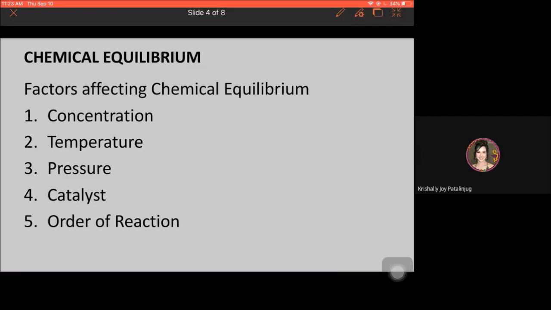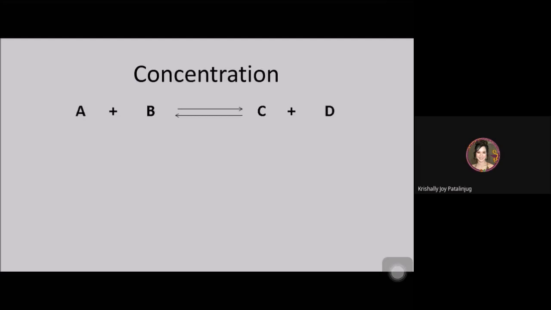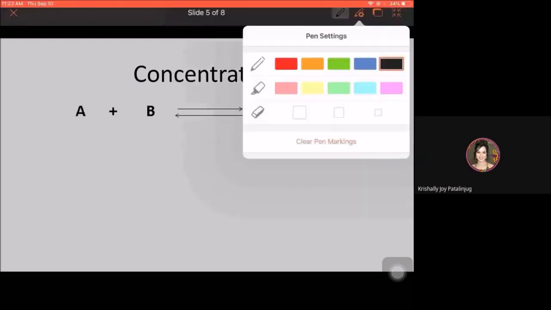So, let's have the first one, concentration. Okay, how can concentration affect the chemical equilibrium? And how does a chemical reaction at equilibrium state relieve that particular stress being placed? And that is any form of concentration. Now, kung ang ating gagamitin na stress to disturb a chemical reaction at equilibrium is concentration, we can modify the concentration of any substances or compounds.